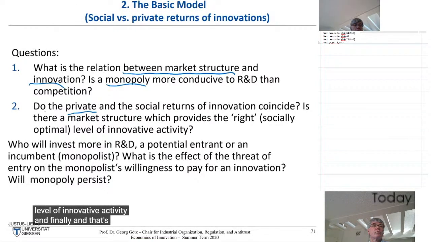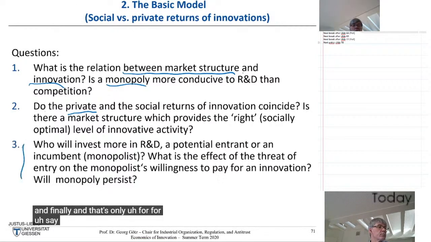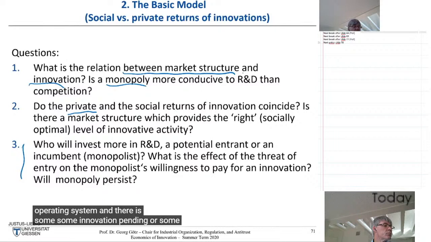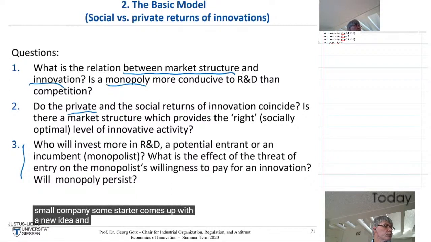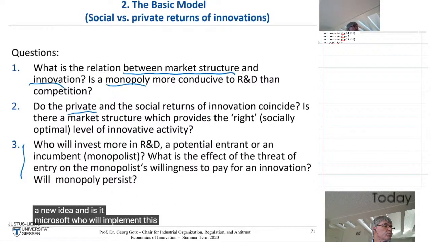And finally, and that's only for the next lecture, the question: if we have an incumbent producer of something like, say, Microsoft with its Windows operating system, and there is some innovation pending, or some small company, some startup, comes up with a new idea, is it Microsoft who will implement this new idea, or will a potential entrant do that?